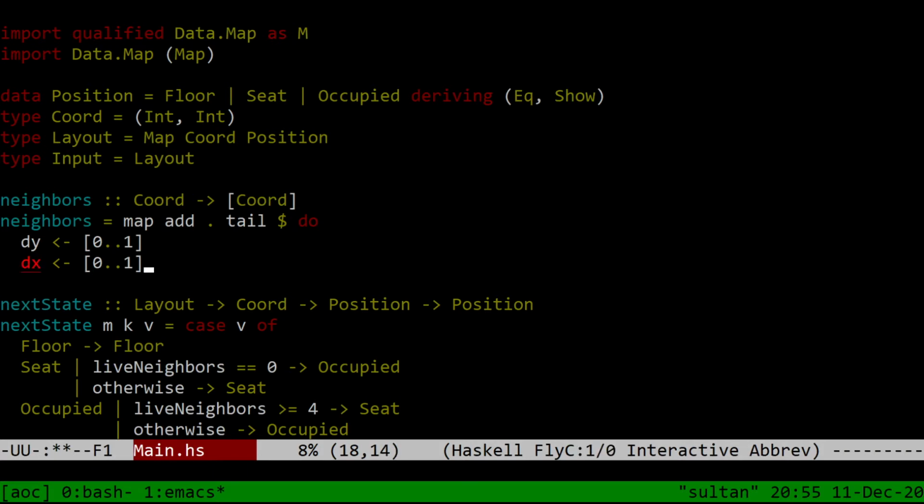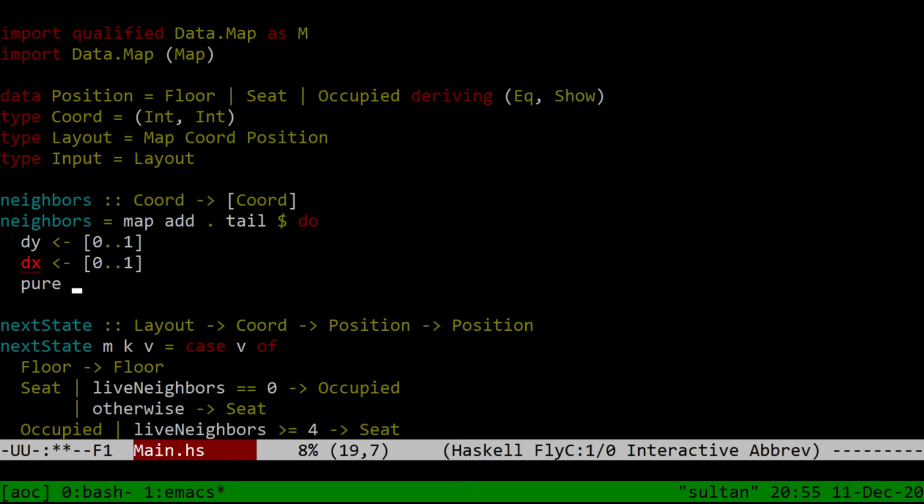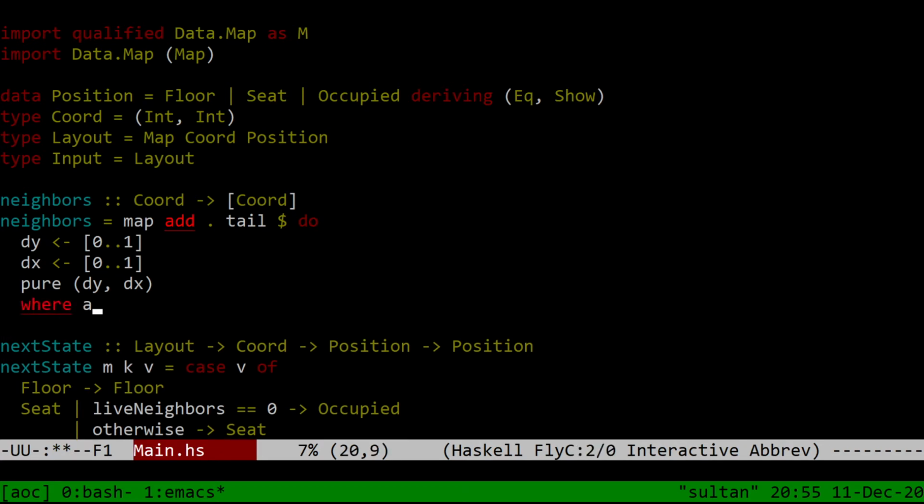Now you could do this a little bit fancier: X1, Y1, X2, Y2 equals X1 plus X2, Y1 plus Y2.